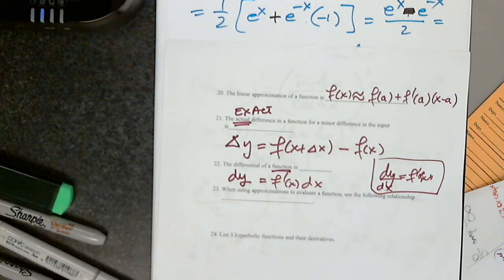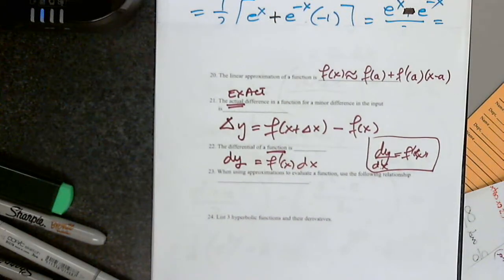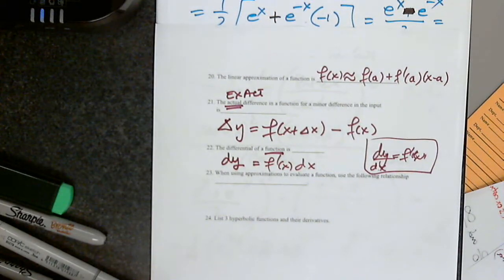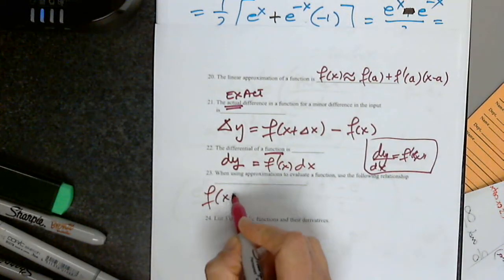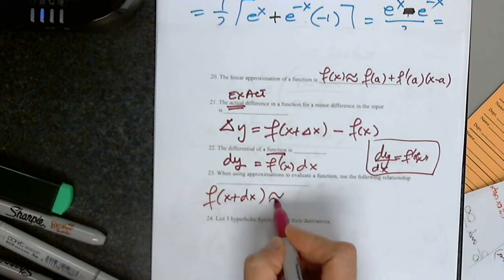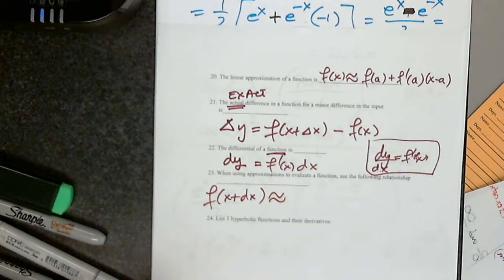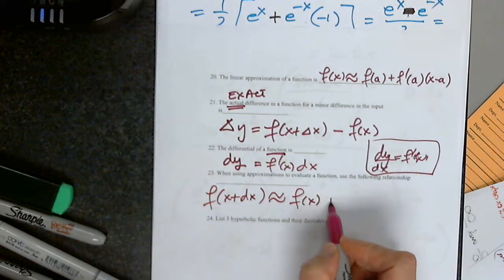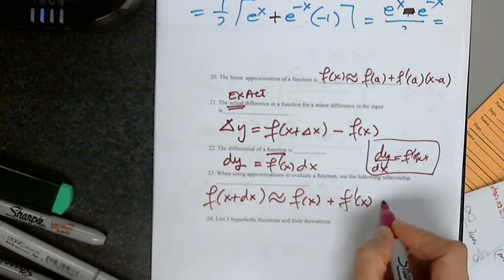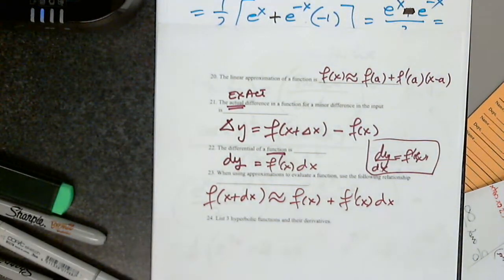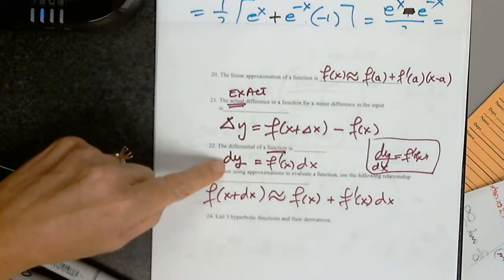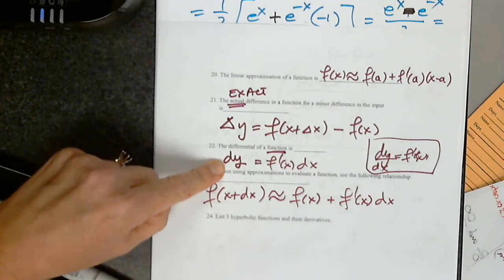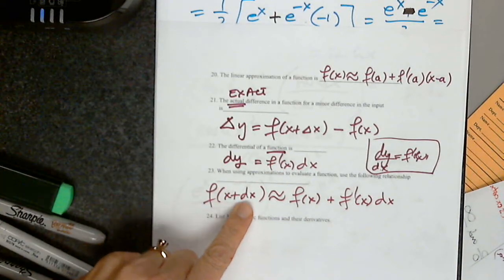Excellent. Very good. When using approximations to evaluate a function, we use the following relationship. Super important. f of x plus a little bit is approximately f of x plus a little bit of y. dy is a little bit of y. dx is a little bit of x.